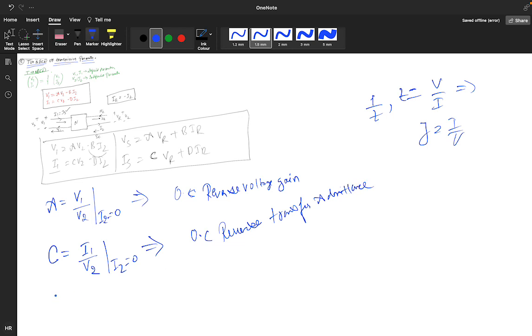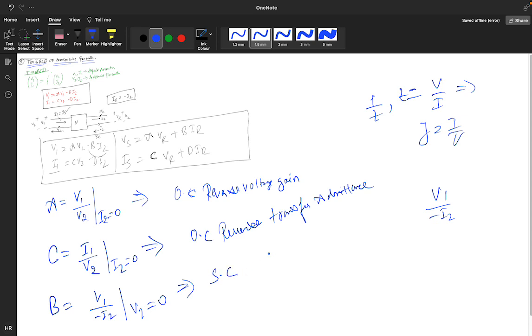What about B? A is done, C is done. B will be V1 by minus I2. If you want to find B, V1 by minus I2 will give you B, while making V2 equal to 0. So this is short circuit.